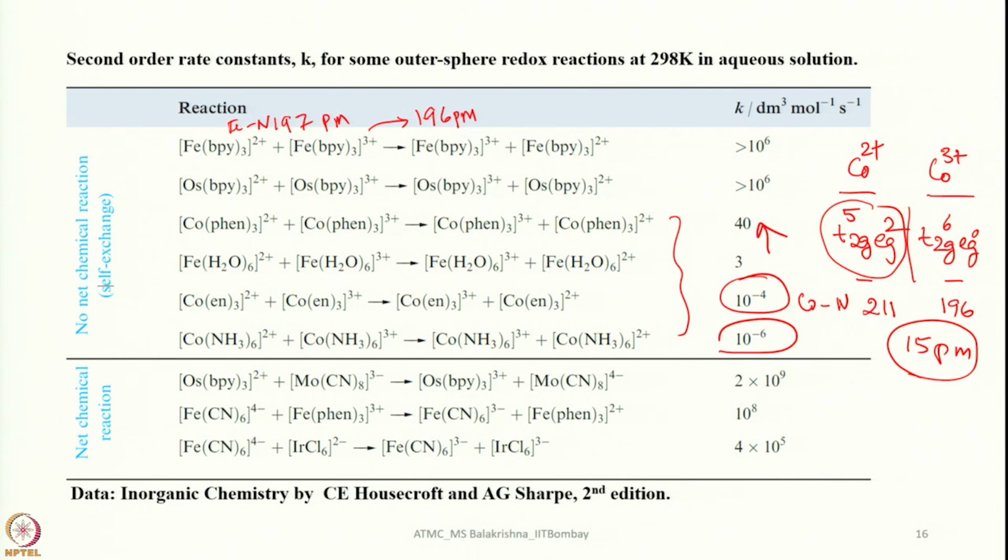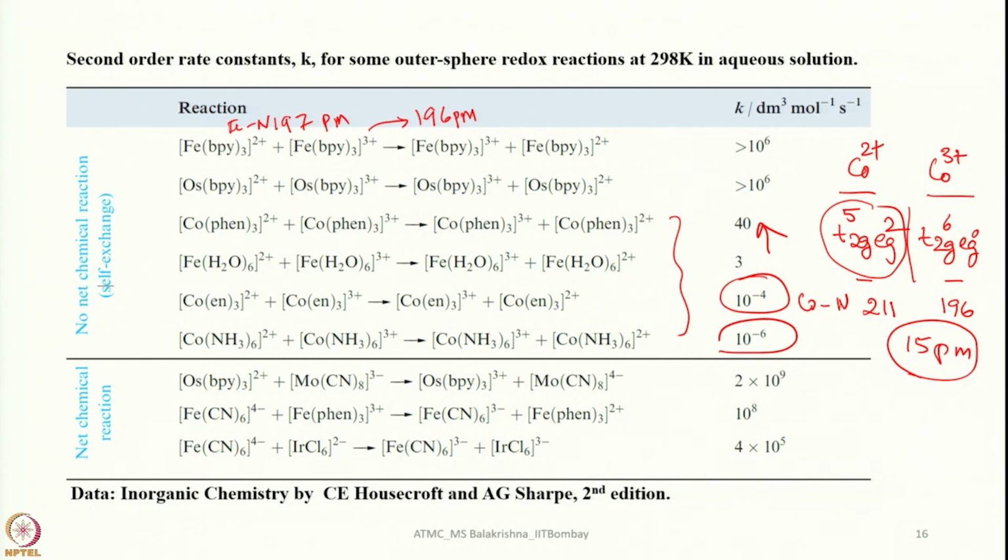This is consistent with the ability of phenanthroline ligands to use pi orbitals to facilitate the intermolecular migration of electrons from one species or one ligand to another, and phenanthroline complexes tend to exhibit fast rates of self exchange processes. So, the pi bonding nature in phenanthroline is responsible for enhancing the rate of electron transfer.